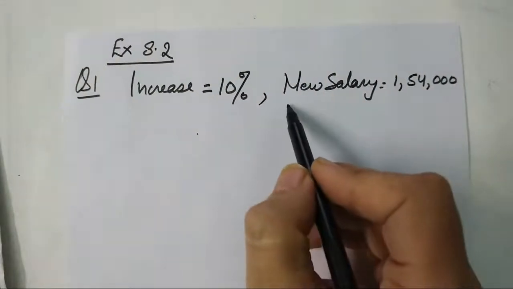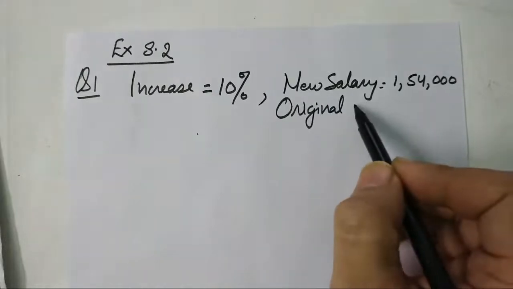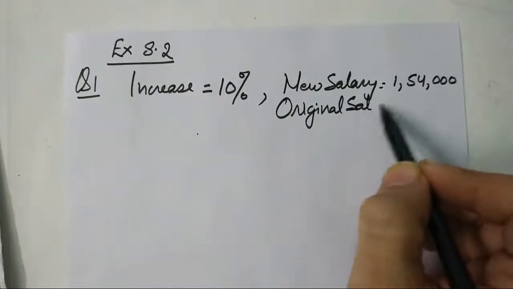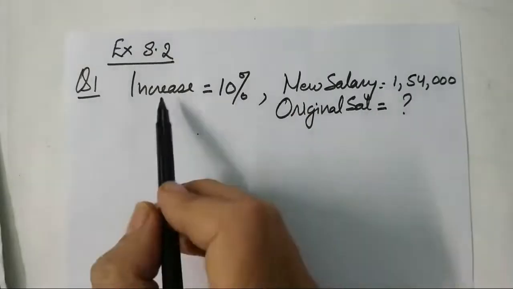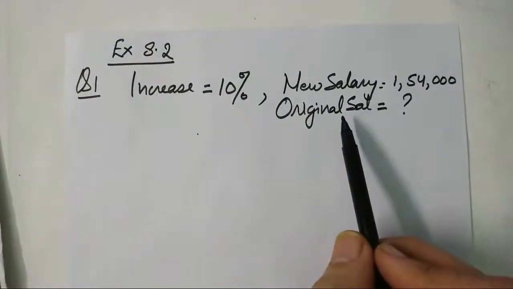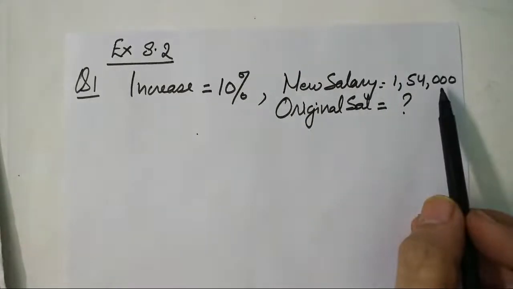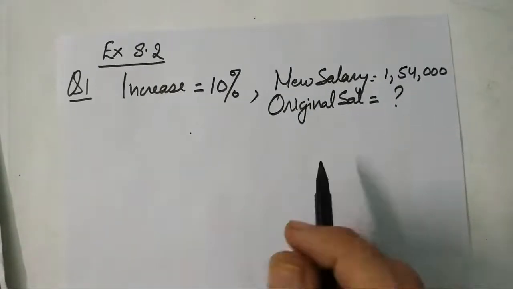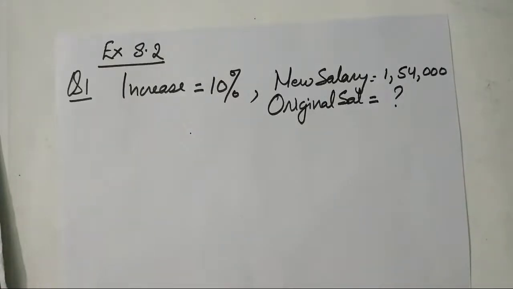The original salary means the salary which was in the beginning. So the original salary must have been less, that is why he got an increase. So after there is an increase of 10%, the new salary becomes 1,54,000. In this the concept of percentage as well as ratio will be mixed and applied.